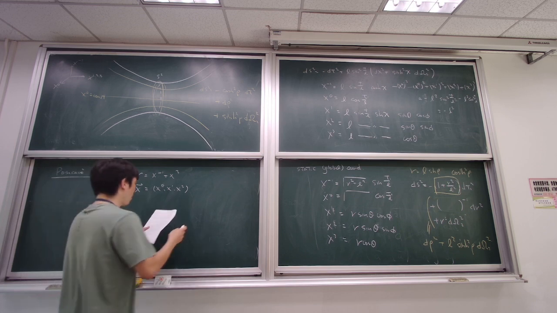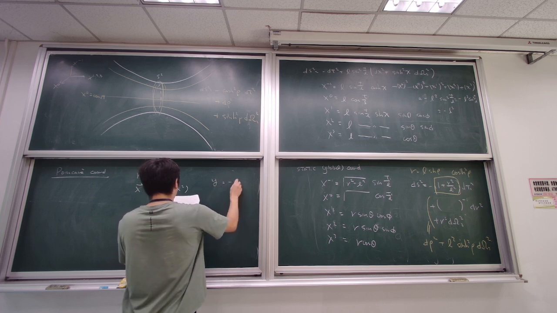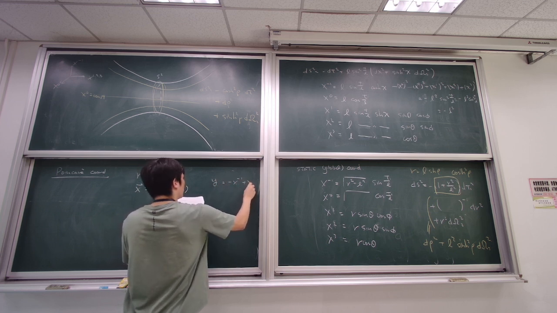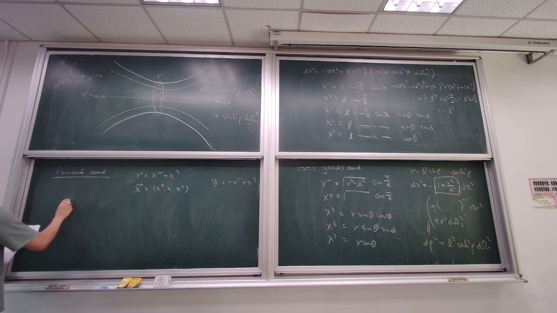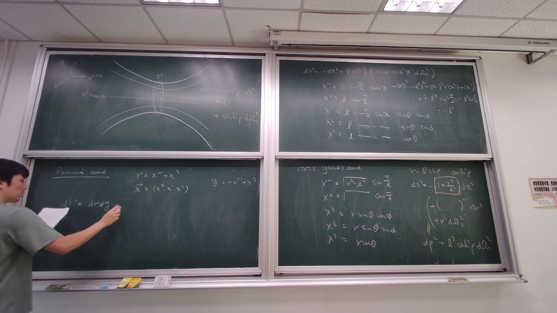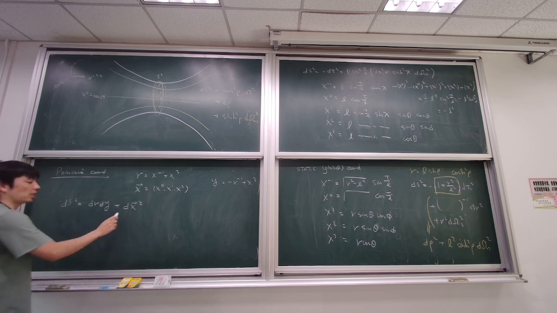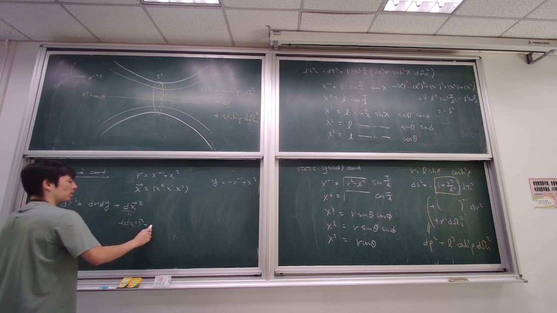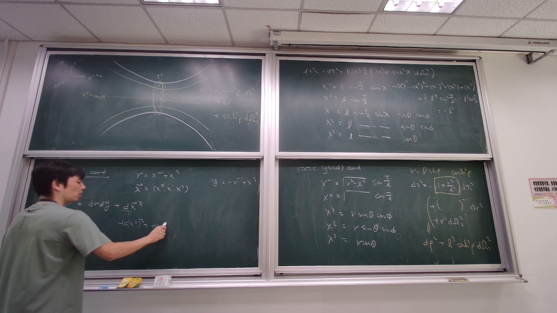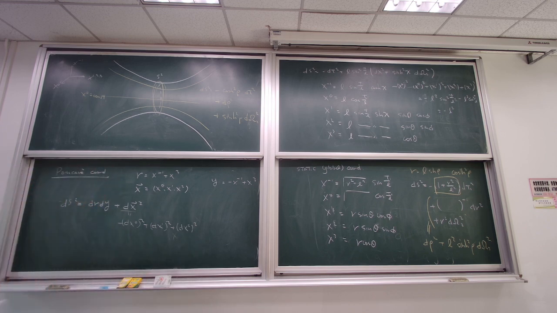Also I set y to be minus x plus x3. Then the metric becomes like this: ds square is something like dr dy plus dx square, where this guy is dx0 minus square plus dx1 square plus dx2 square.